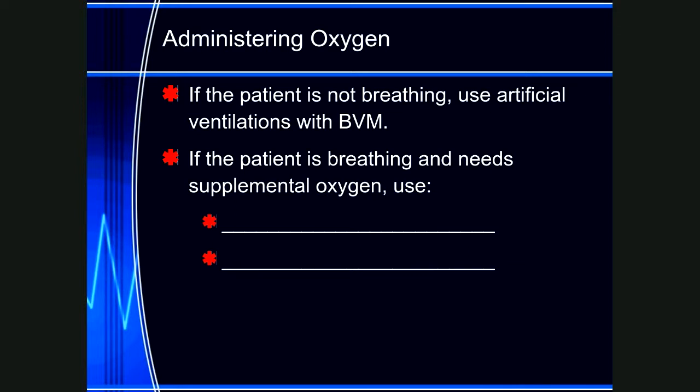If the patient's breathing and needs supplemental oxygen, we're going to use a non-rebreather mask, also known as NRB, or we're going to use a nasal cannula if the patient cannot tolerate a mask. Nasal cannula, abbreviation NC, is also acceptable for the patient whose SpO2 is 100%.